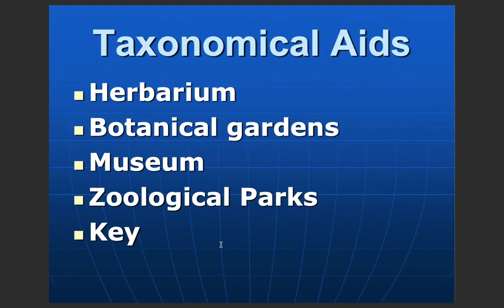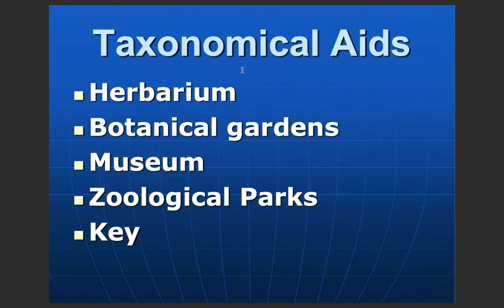Now, in the last section of today's class, we are talking about the steps of the classification process carried out by taxonomists with the help of different taxonomical aids.